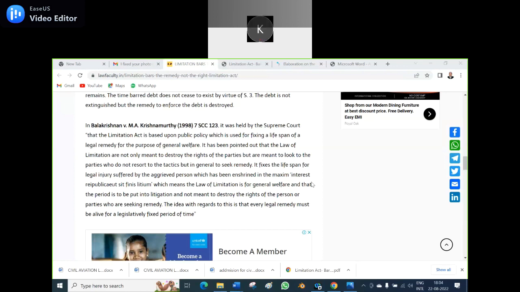It has been pointed out that the laws of limitation are not only meant to destroy the rights of the parties, but are meant to look to the parties who do not resort to tactics, but in general seek remedy. It fixes the lifespan for legal injuries suffered by the aggrieved person.